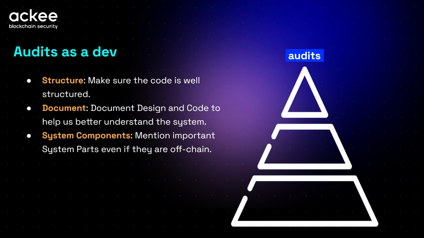You do not need to write a detailed description of all of the components, of all of the instructions, of all of the external dependencies of your smart contracts, but at least mention what this is, why this component is important, maybe visualize the layout, the architecture of the protocol. I was talking about Obsidian. You can create a nice graph in Obsidian and visualize the whole architecture of the protocol.